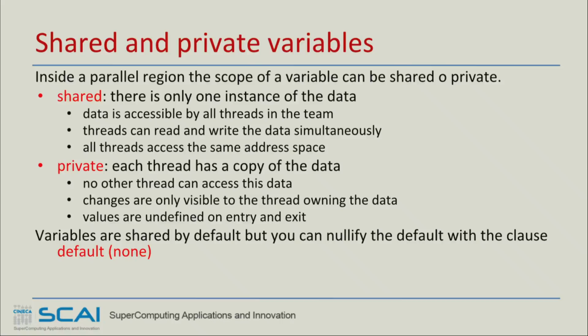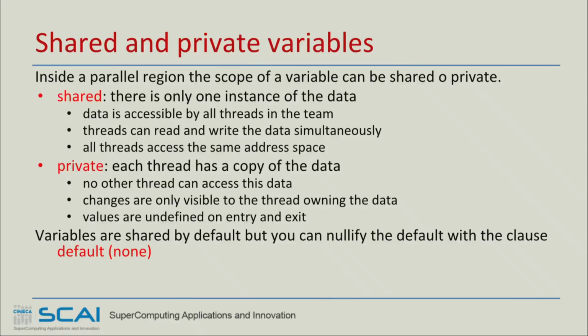So you understand that the main problem is to understand if a given variable is shared, or public, or private to the thread. Okay? It makes a lot of difference. So it's very important to define what is the scope of a variable in a parallel region.